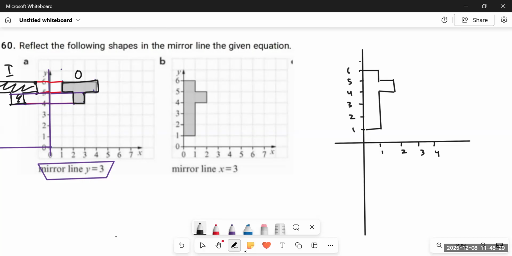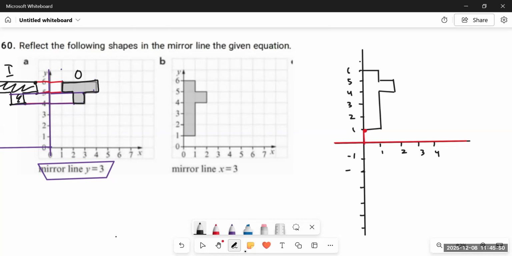Let's start from the first vertex. It's here. How much distance? This is the mirror line. So first we will go down 1 square up to the mirror line. And we have to do the same thing here. Let's first mark the points 1, 2, 3, 4, 5, 6.